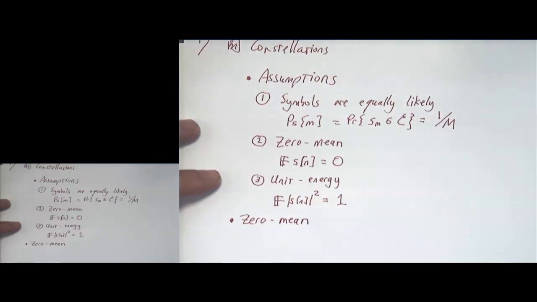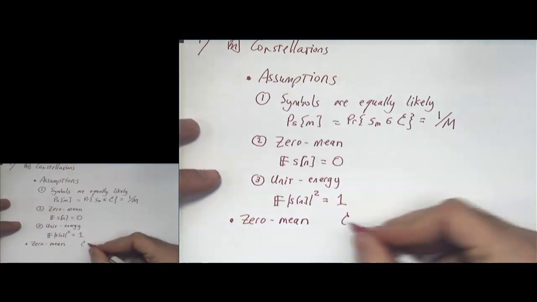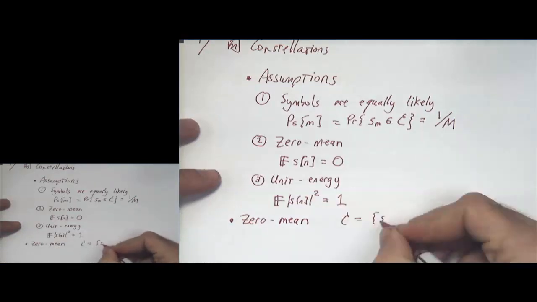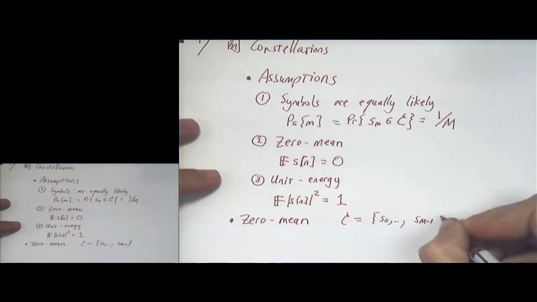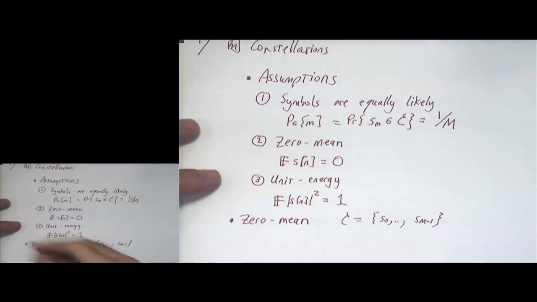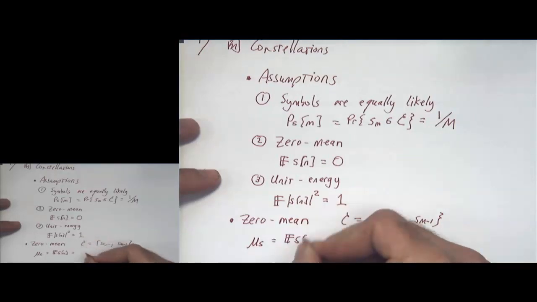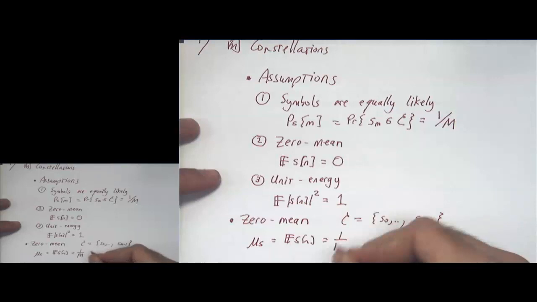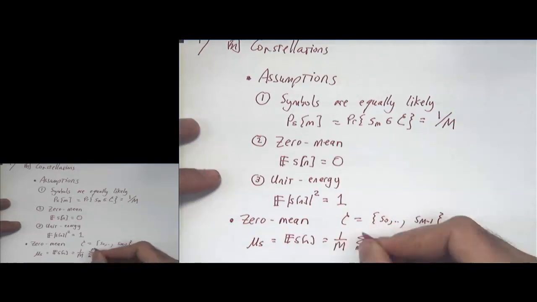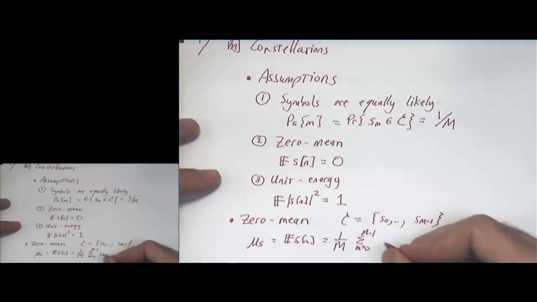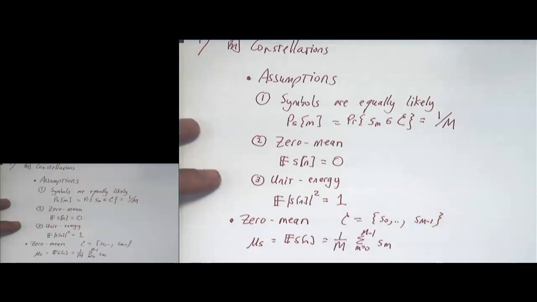Okay, so first of all, if you're given an arbitrary constellation, so let's use for the sake of the next few pages this constellation with points s of 0 to s of capital M minus 1 here. So if you have to compute the mean, let's call that mu of s. That's the expectation of s of n. That's going to be 1 over M, the sum from m equals 0 to capital M minus 1. This is a little m here. Hopefully it's not too confusing with this s of m.